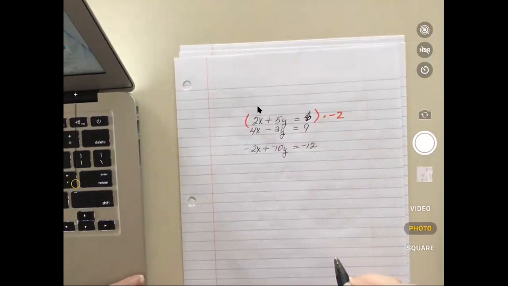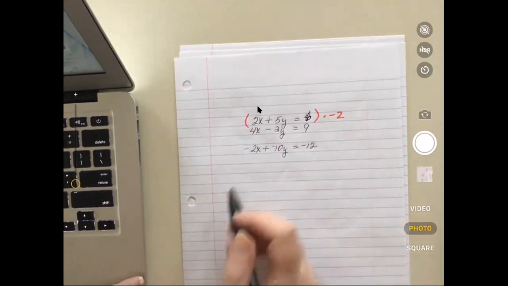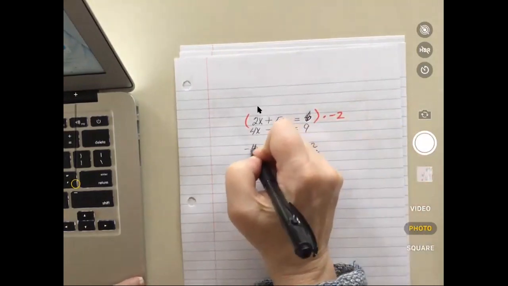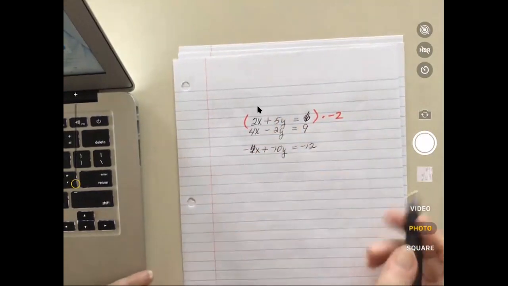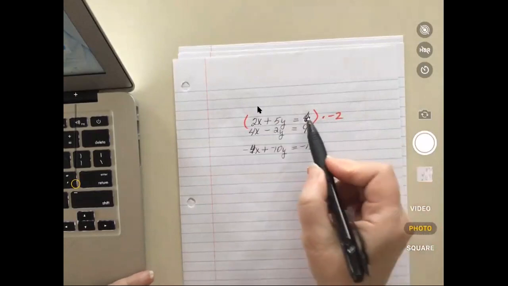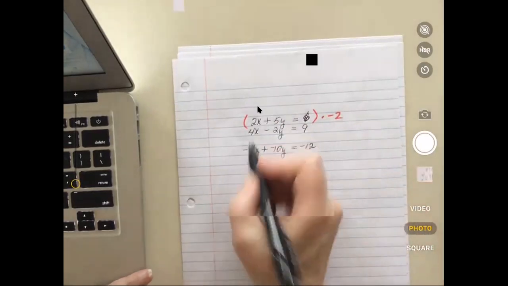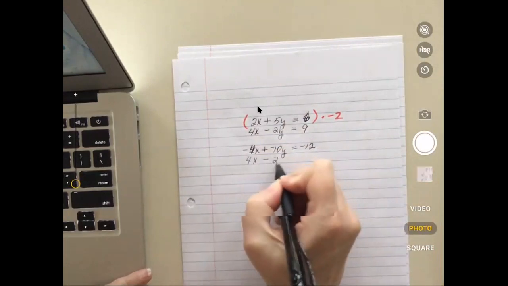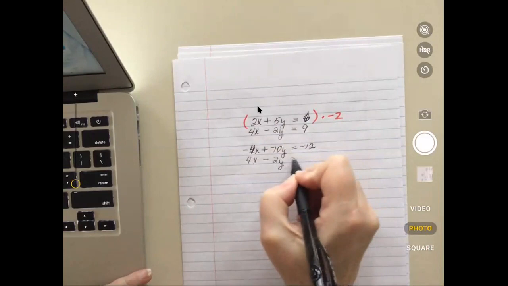Okay. And now, oh wait, gosh, that's a 4. There, now you can see what happened better. So I multiplied that by -2, multiplied that by -2, and multiplied that by -2. Now if I put the bottom equation right underneath it, 4x minus 2y equals 9. When I combine these together now, those are eliminated.